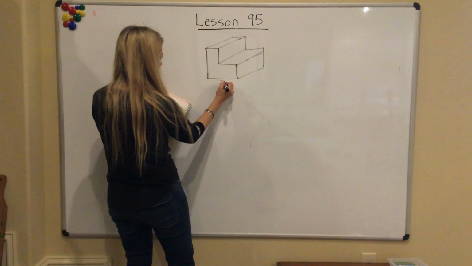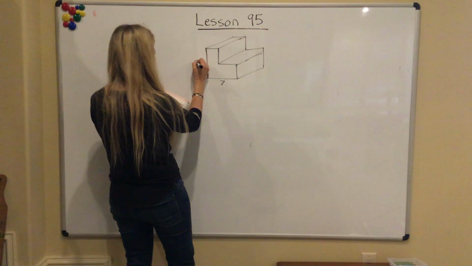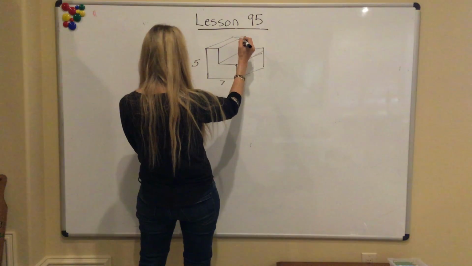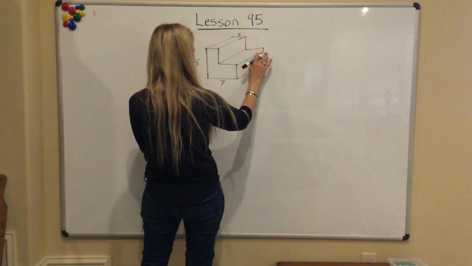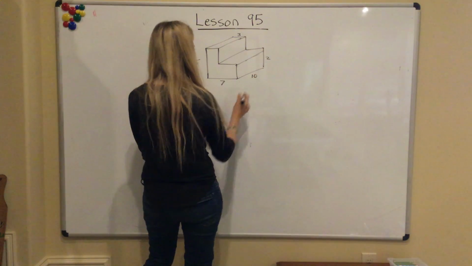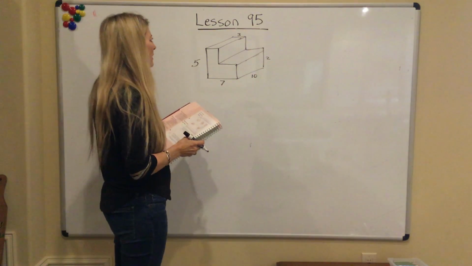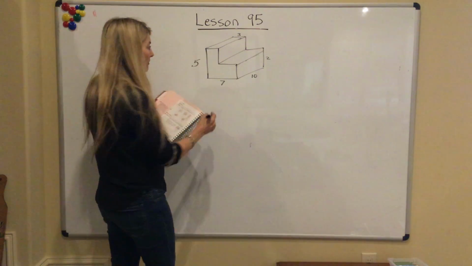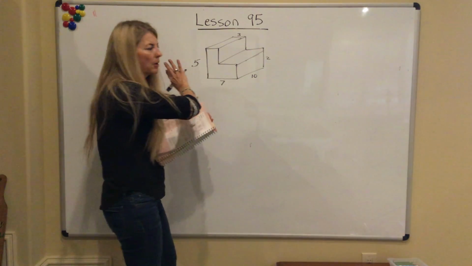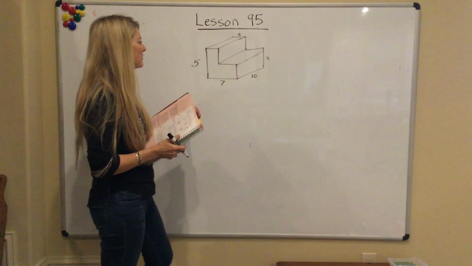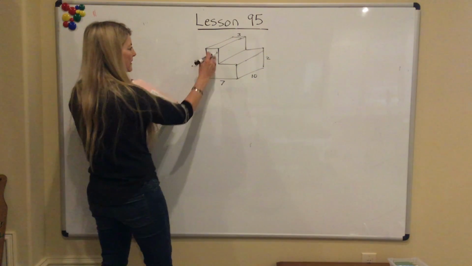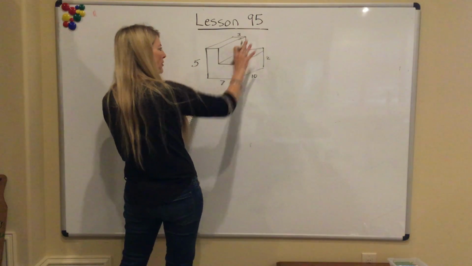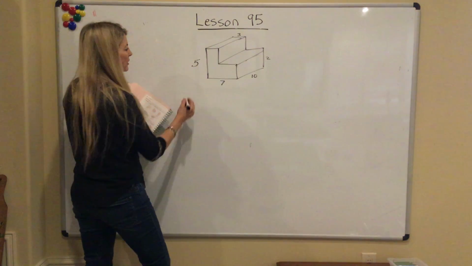And you're told this is 7, this is 5, this is 3, this is 2, and this is 10. Okay. Now, again, is there one shape that runs all the way through this thing? There absolutely is. This L shape runs all the way through this figure.